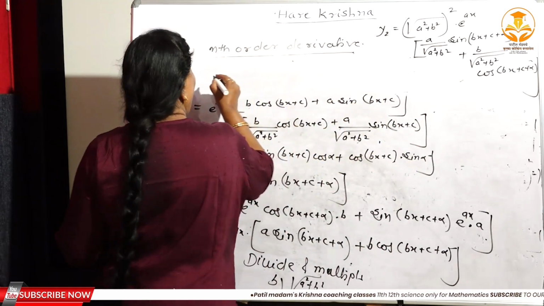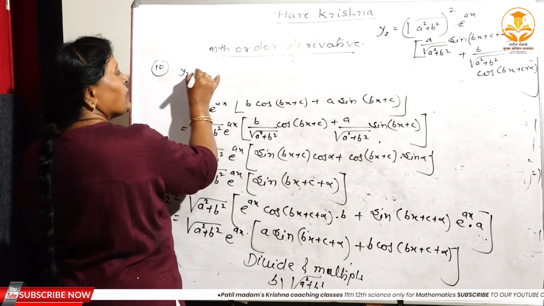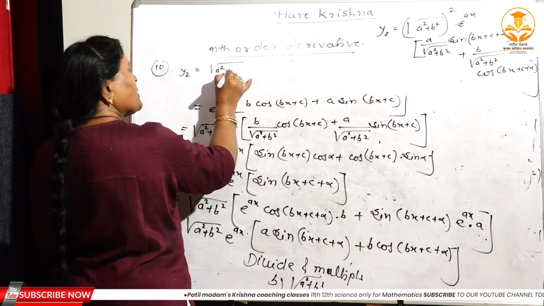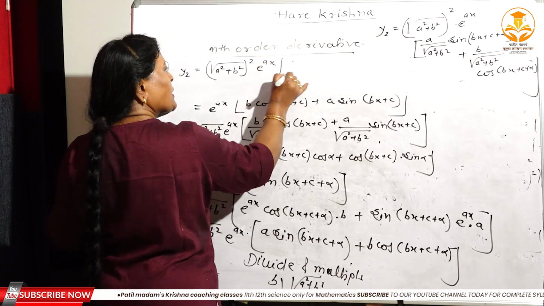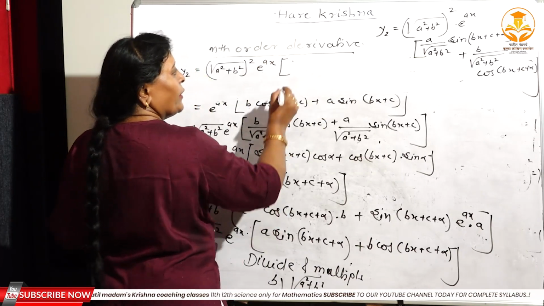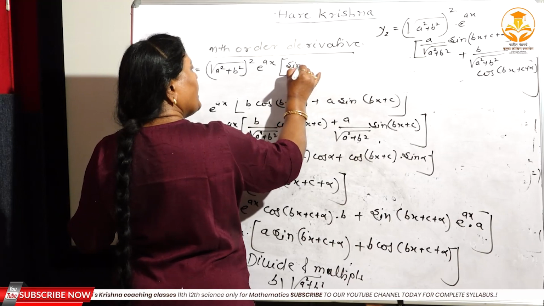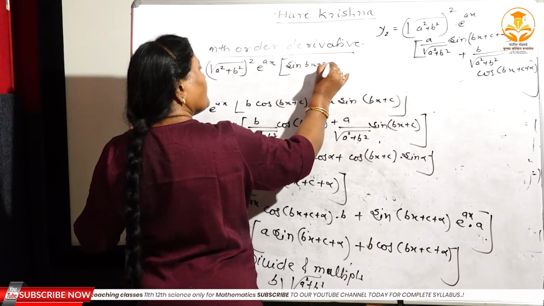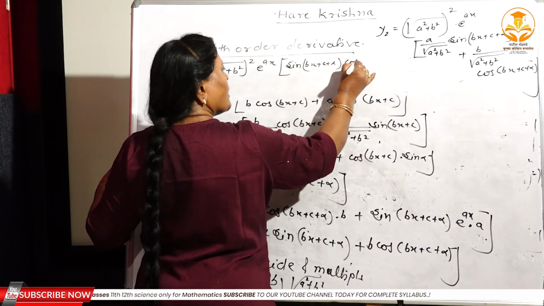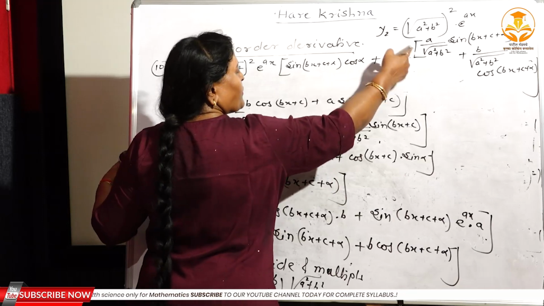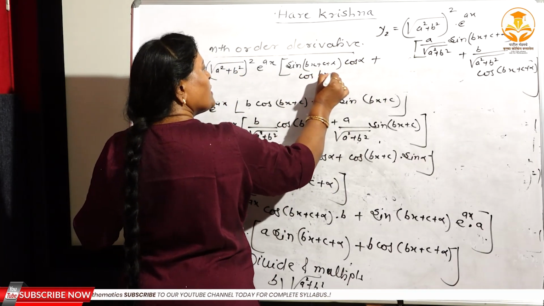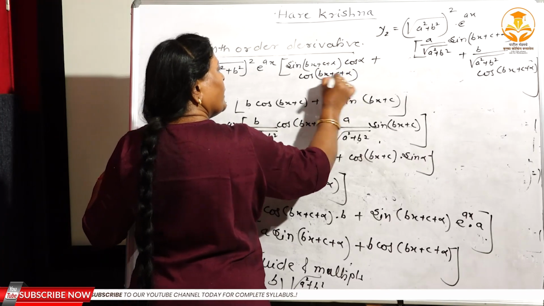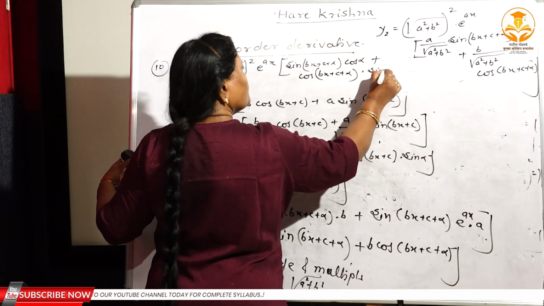Therefore here y2 you have got as root of a square plus b square whole square, e raised to ax remains as it is, and in place of this you can write sin bx plus c plus alpha remains as it is. This is cos alpha plus, here cos bx plus c plus alpha into sin alpha, right?